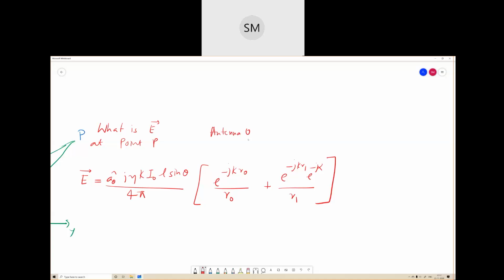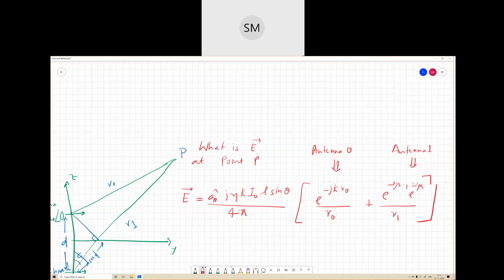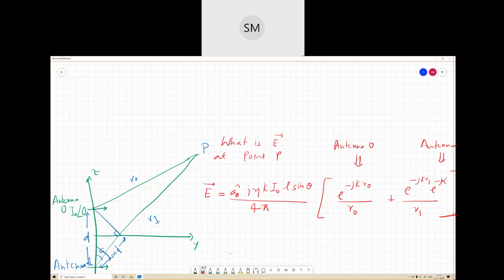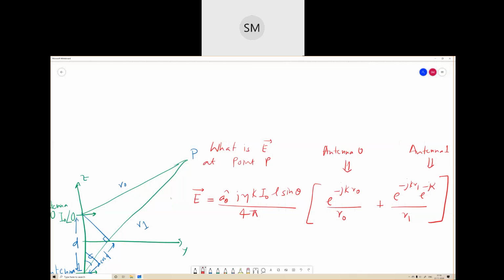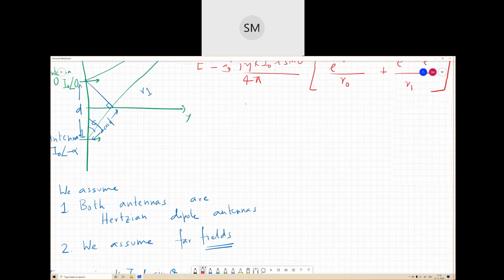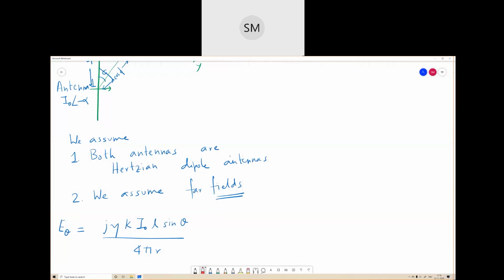This is due to antenna 1. There will be a minus j here in the exponent.